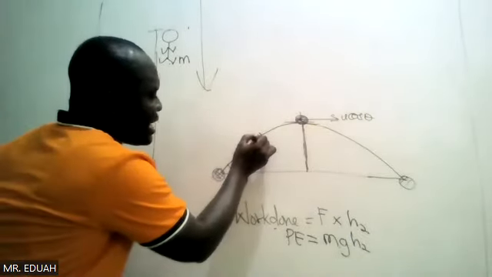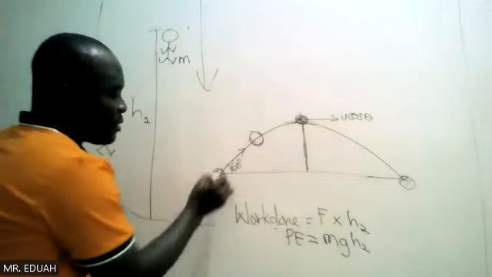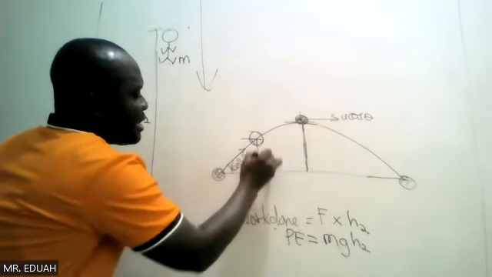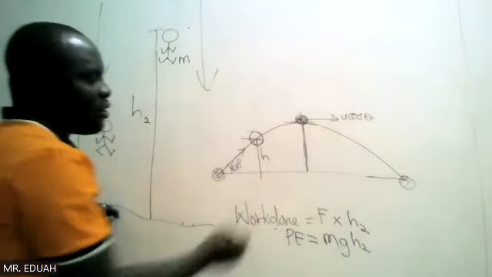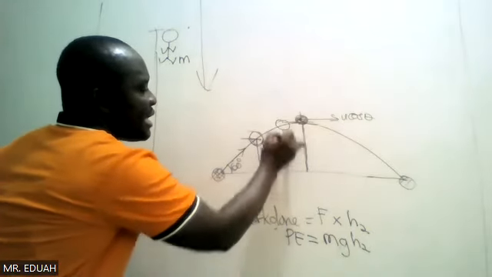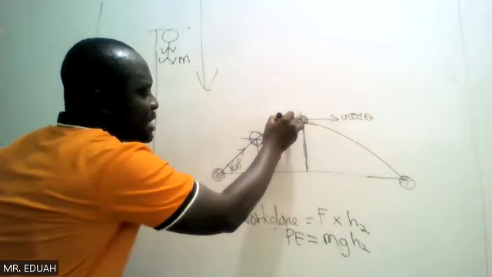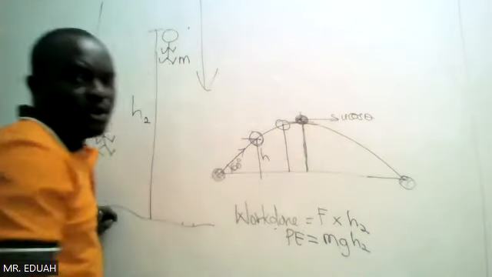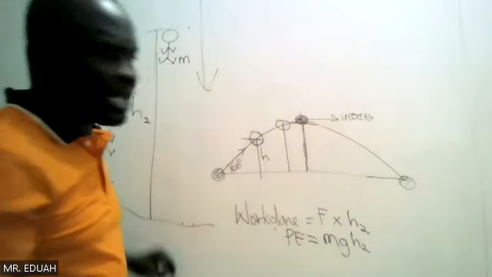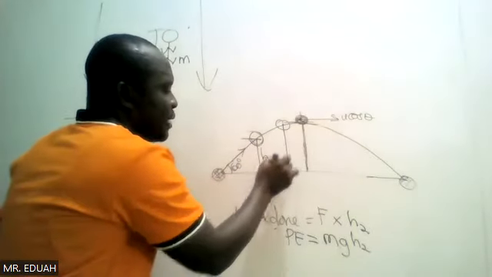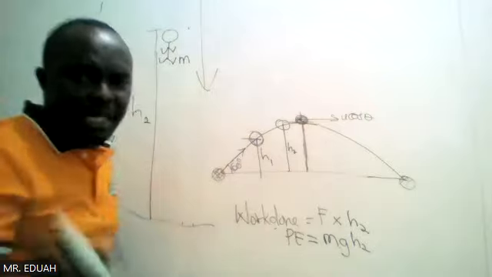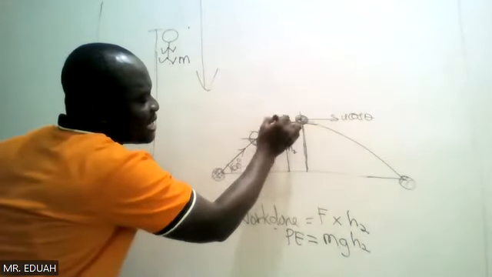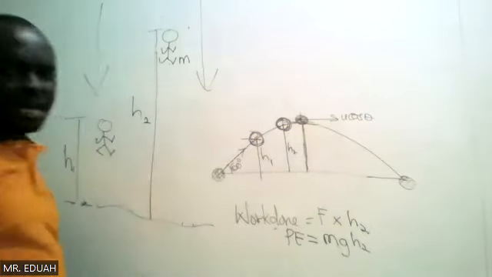When the body is here, its vertical displacement is maybe h1. When the body gets here, the vertical displacement on the surface of the earth is h2, meaning that the body possesses a greater potential energy at this point than when it's here.